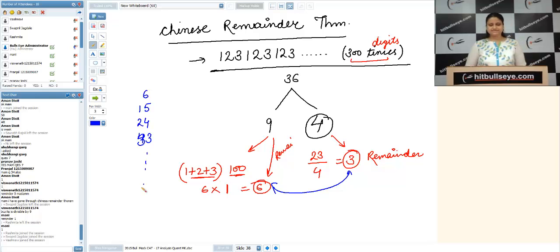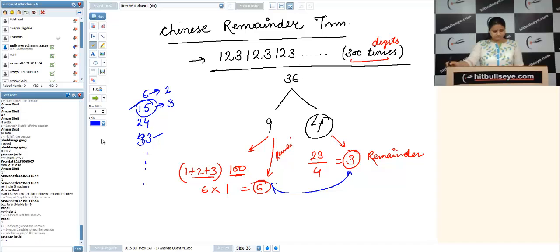Out of this list, I have one more filter, that is remainder of 3 when divided by 4. Remainder of 3 when divided by 4, see, what is the remainder I am getting here? That is 2, 3. It means 15 will be the answer in this case. That is the application of Chinese remainder theorem. Any problem in this? Is it okay?